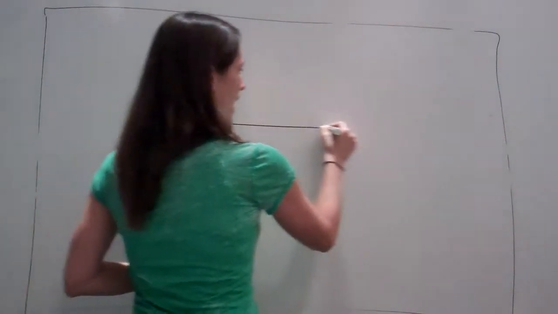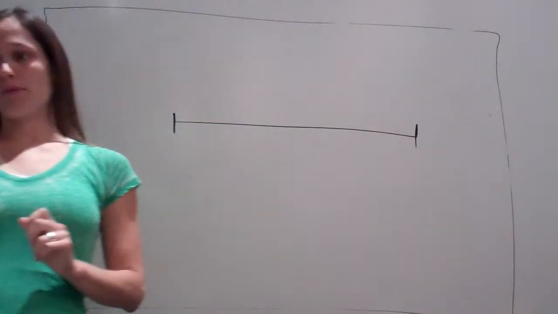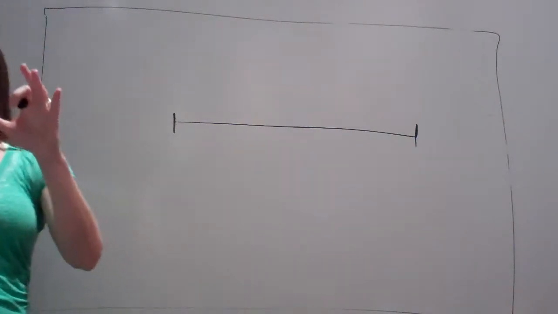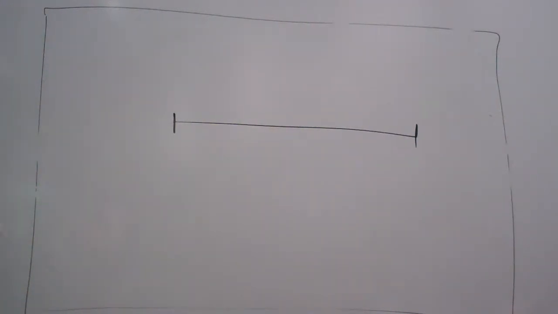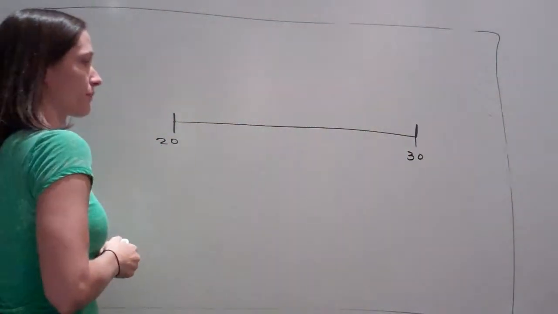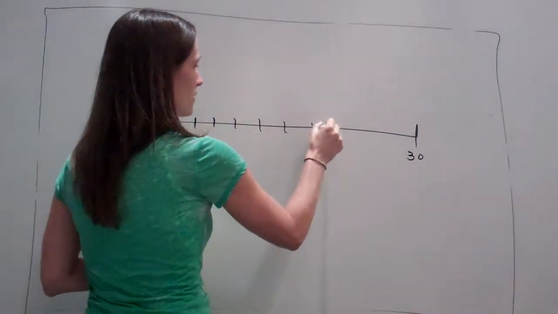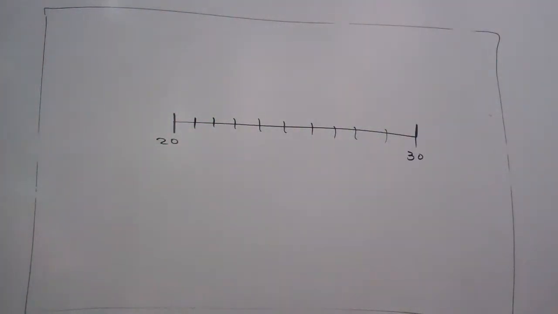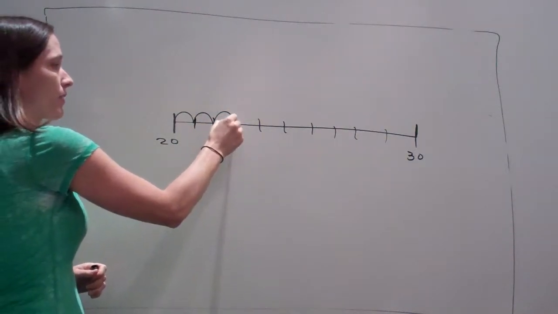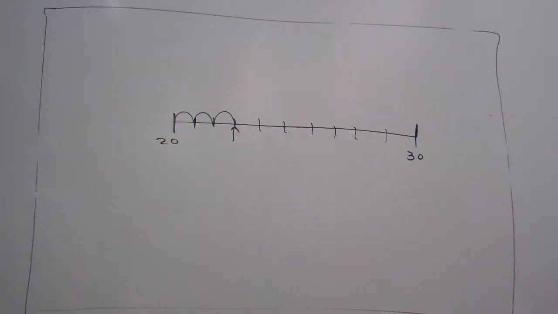Now, what I want y'all to see is, what if I had a ruler? Stay with me for just a minute. Don't look at it as a normal ruler. Look at what I'm going to draw right here. If I had 20 here and 30 here, and I were to go from here to here, what number would I be on? 23.